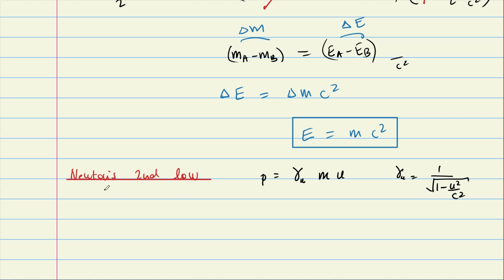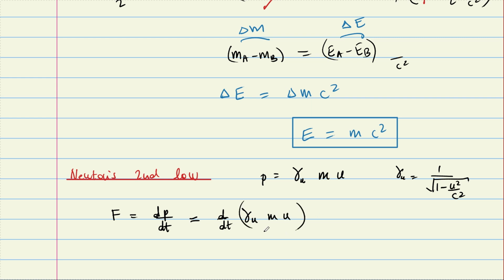And now, in Newton's law, F is equal to, let me forget vectors, dp/dt. Then I need to have d/dt of gamma u times m u.